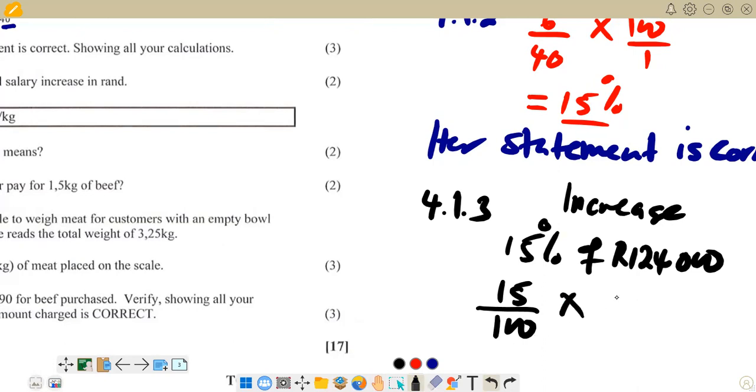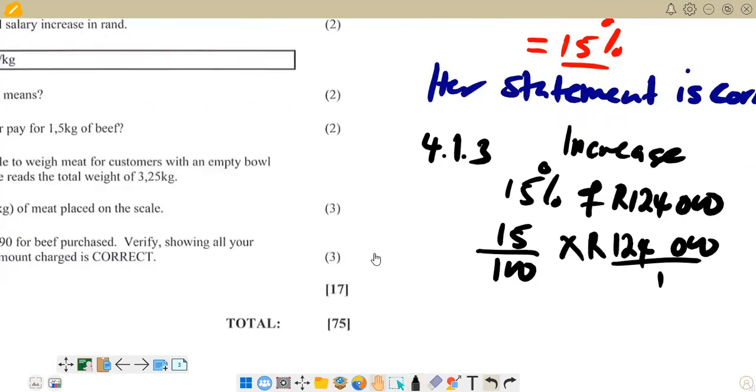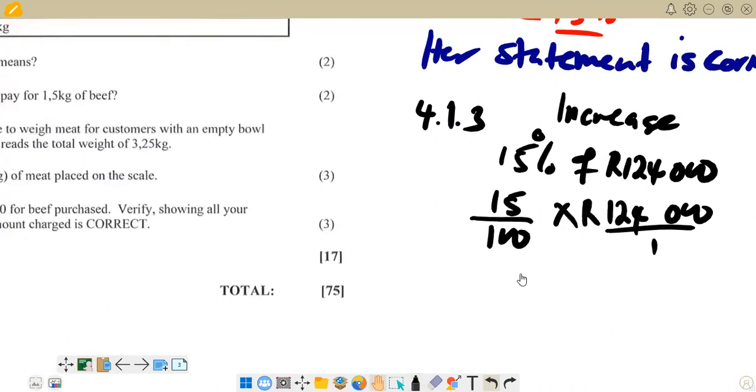And then here we multiply by 124,000. This is our rands, and obviously this is over 1. On the calculator, you can punch in 15 divided by 100, and the answer that you get you multiply by 124,000. The answer is 18,600.